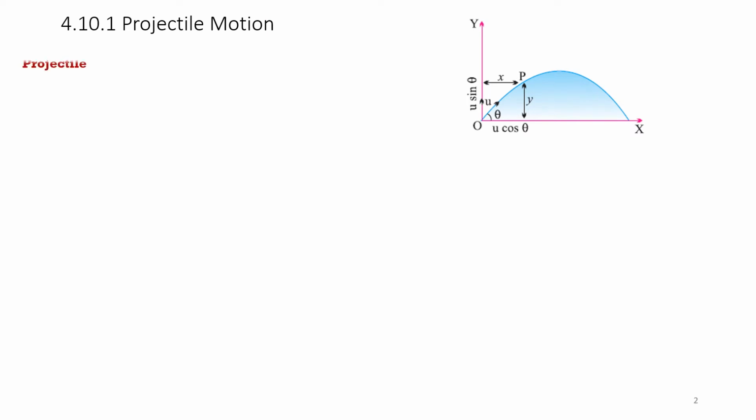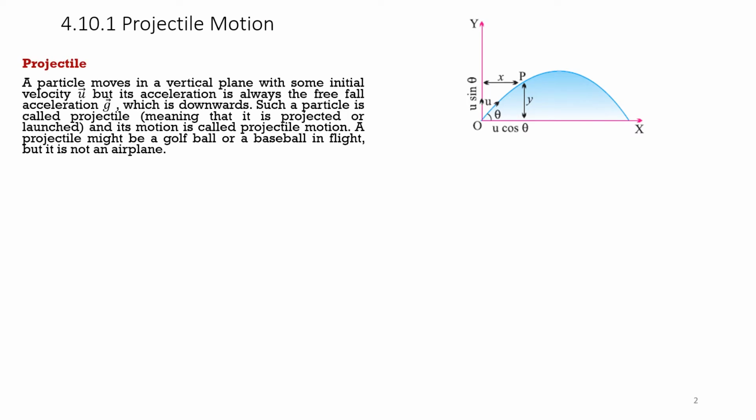Projectile motion. A particle moves in a vertical plane with some initial velocity vector u, but its acceleration is always the free fall acceleration g, which is downwards. Such a particle is called a projectile, meaning that it is projected or launched.